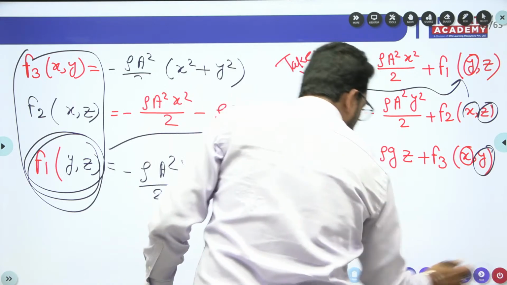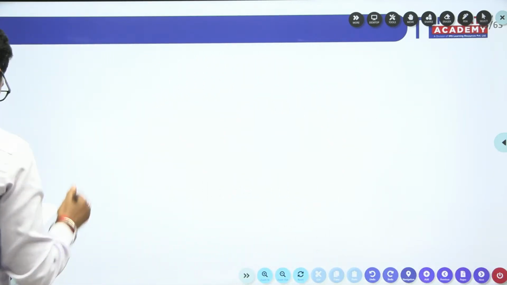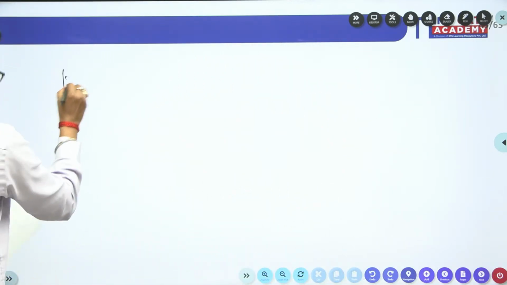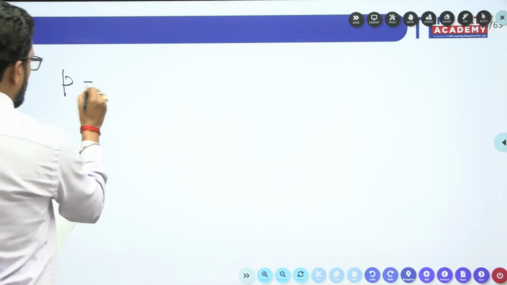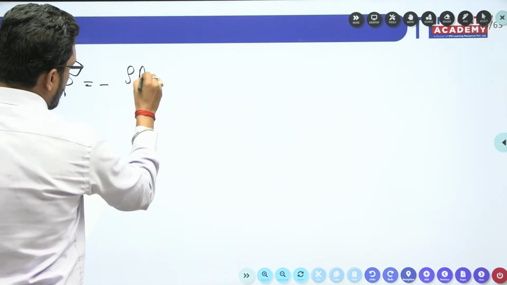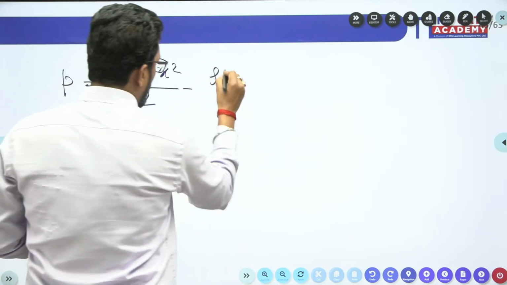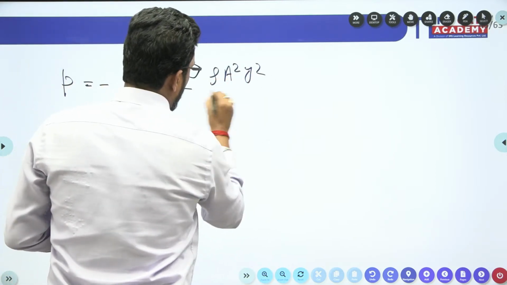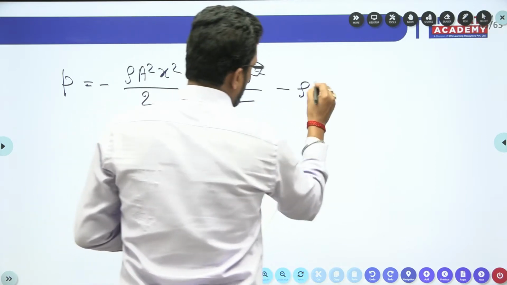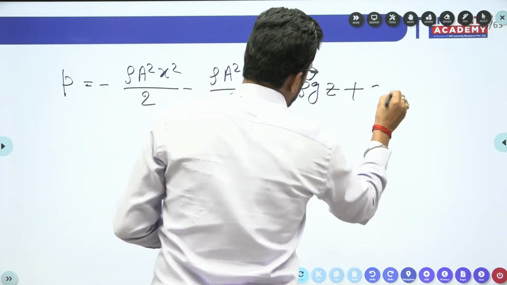Then the value is P is equal to minus rho A square X square by 2 minus rho A square Y square by 2 minus rho G Z plus C constant.